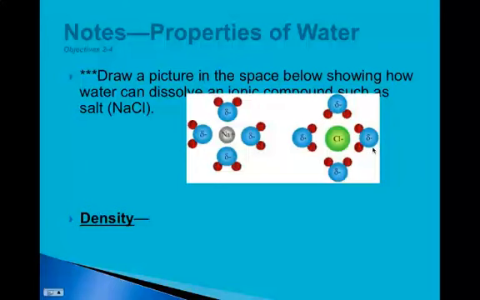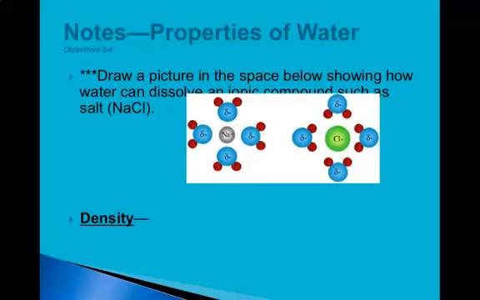They've been broken apart so far, and you can see how the positive sodium has all the negative portions of water around it. The chlorine is negatively charged and it has all the positive hydrogens surrounding it. So that's how it's breaking apart. It's pulling apart that polar molecule because it's charged itself.